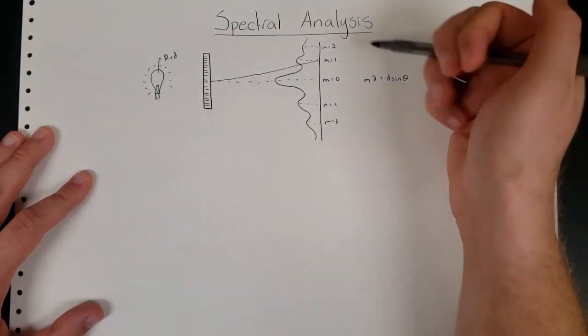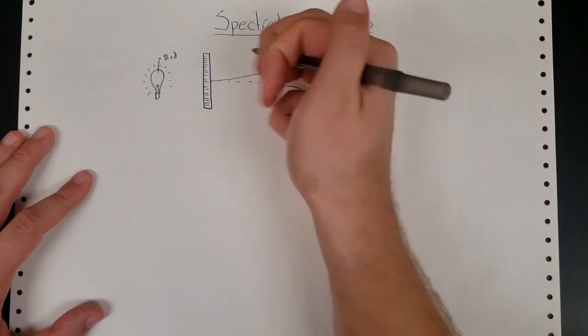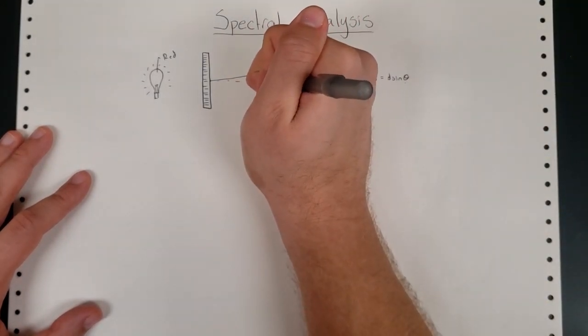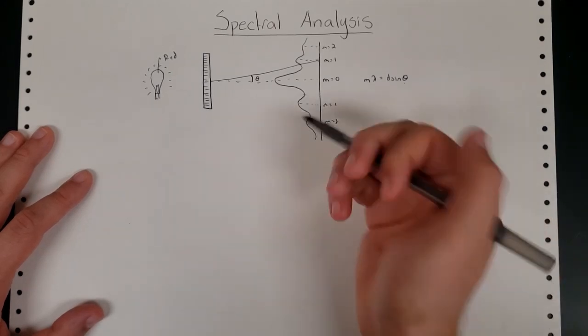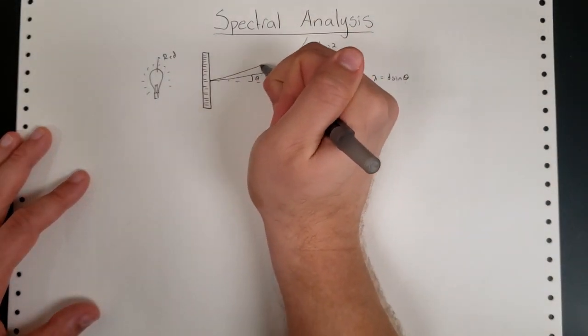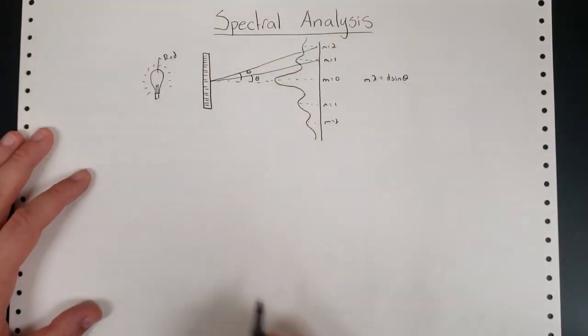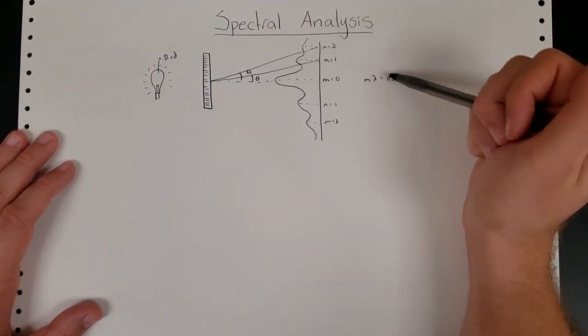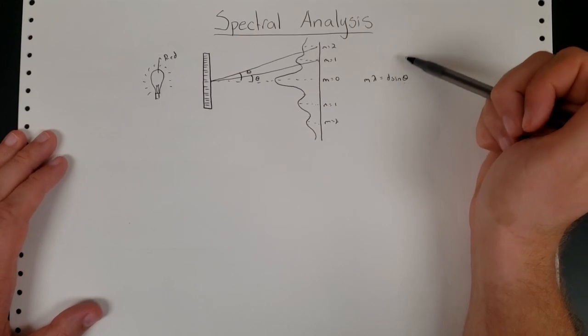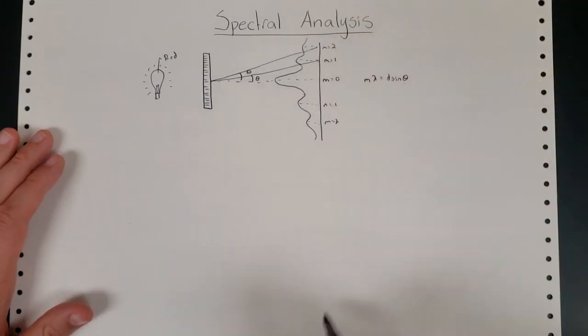For instance, for m equals 1 here, the angle theta is this angle here. But we could also talk about this angle theta, which goes to m equals 2. So this angle theta is a measurement of how far away from my central maximum I am.